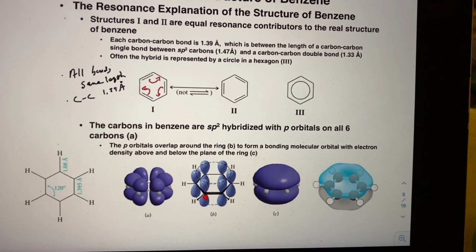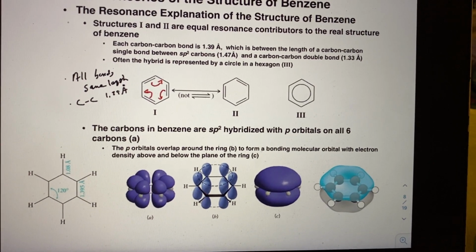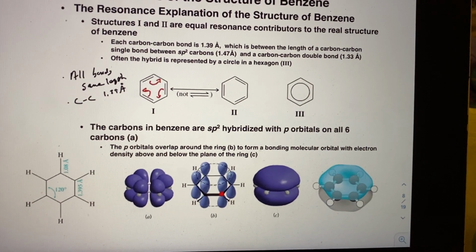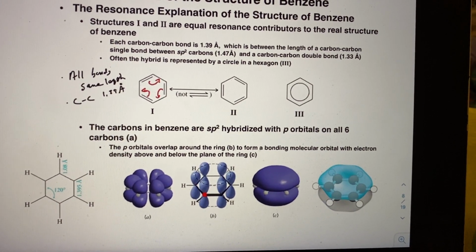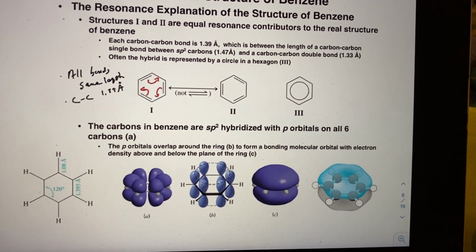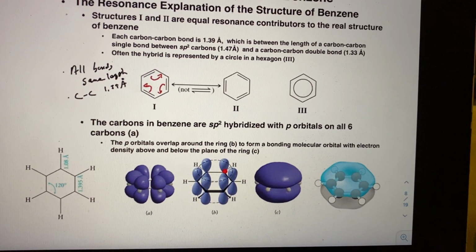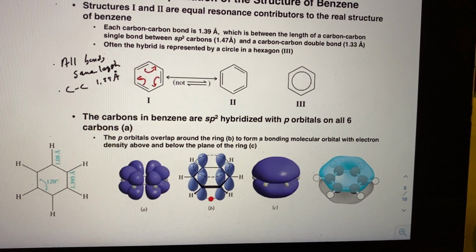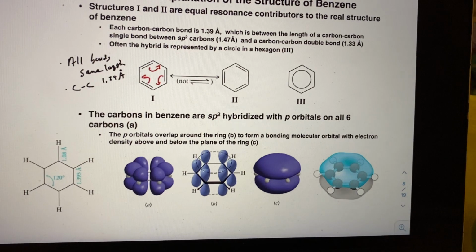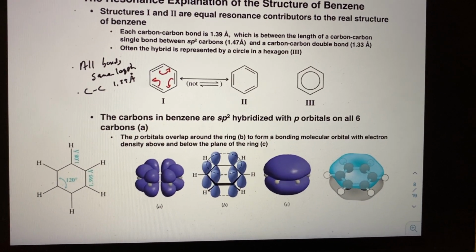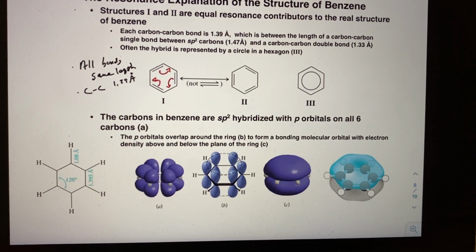Let's just take this bottom left carbon here, pointing to B on the bottom. It's forming a bond to the carbon on the right, the carbon that's going back, and the hydrogen. And then the p orbital is allowed to be used for this pi system of electrons. Every carbon is sp2 hybridized, so that's why we have this ring of electron density above and below the ring in this pi system. That's going to be important for thinking about this concept of aromaticity.